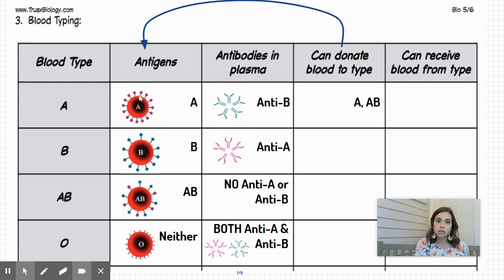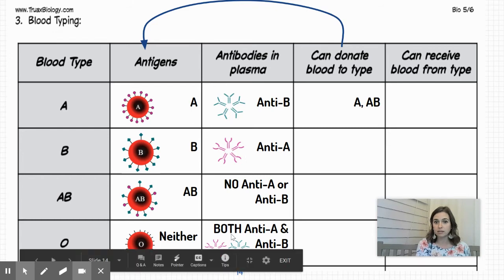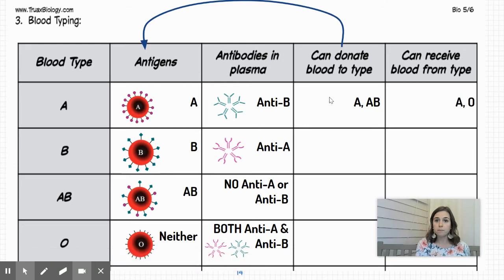And so these guys are who they need. We want to make sure that their body's not going to attack it. So they can't have any anti-A's present, okay? Which means they can only donate to A and AB because of the antibodies present.